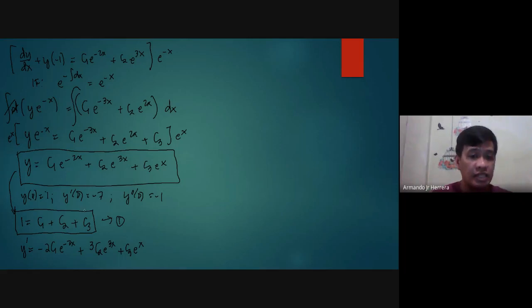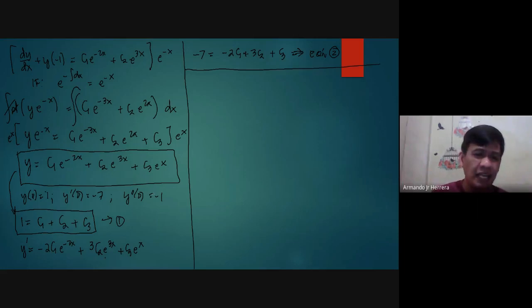Since the given is negative 7, we will have negative 7 is equal to negative 2c1 e to the 0, which is negative 2c1, plus 3c2 e to the 0 because x is 0. So 3 times 0 is 0. So negative 2c1 plus 3c2 plus c3 is our equation 2.